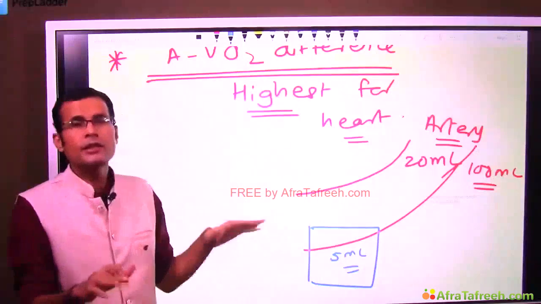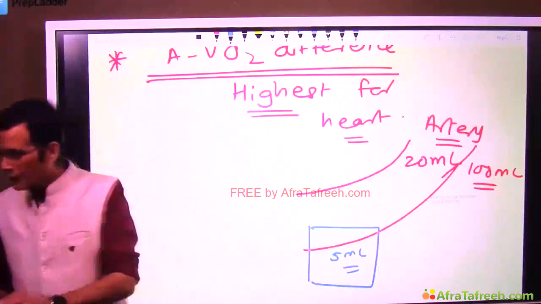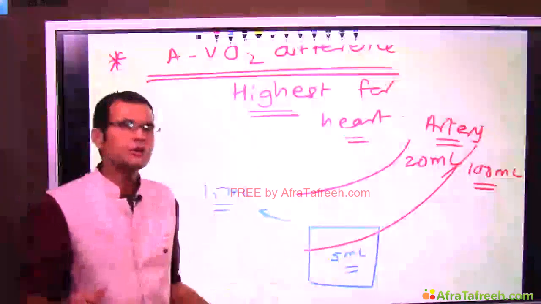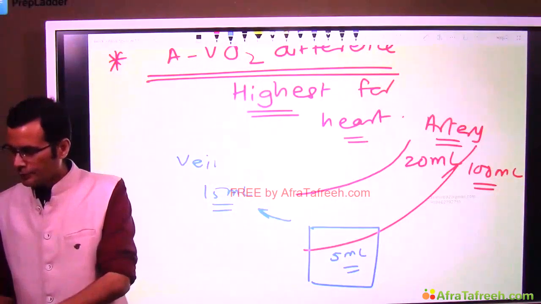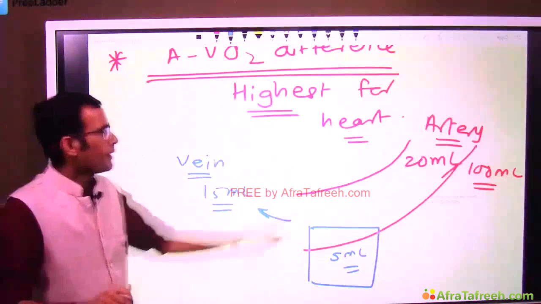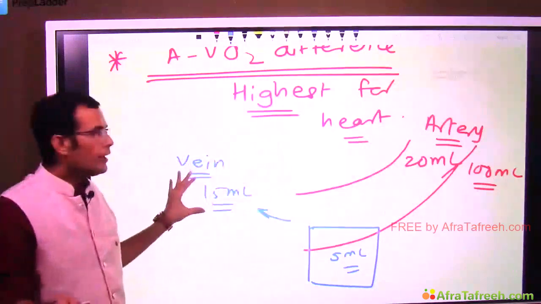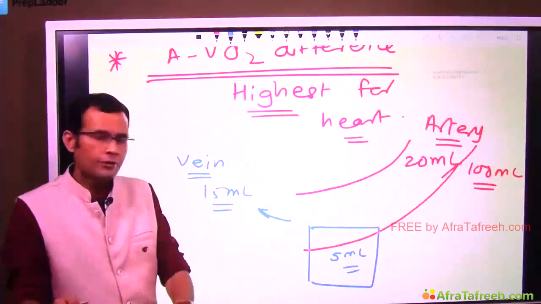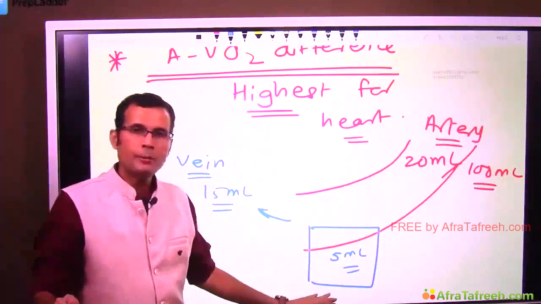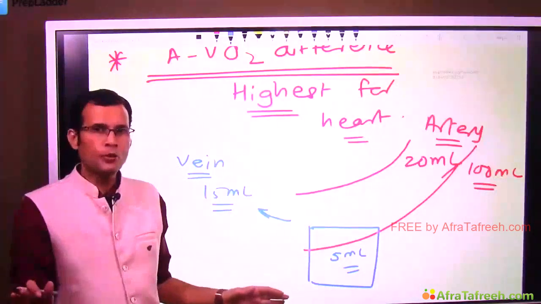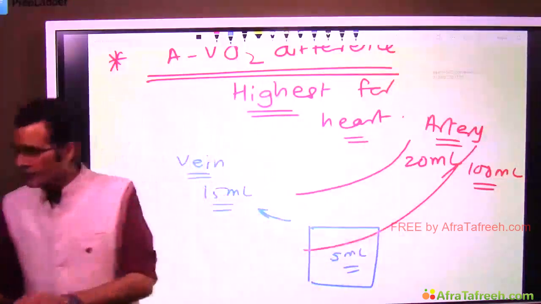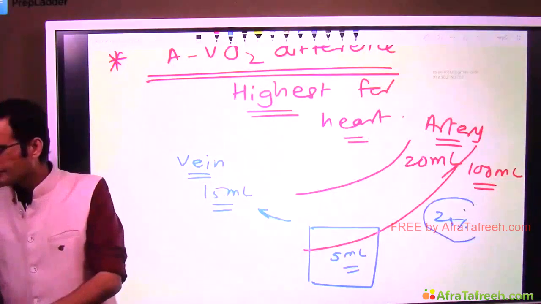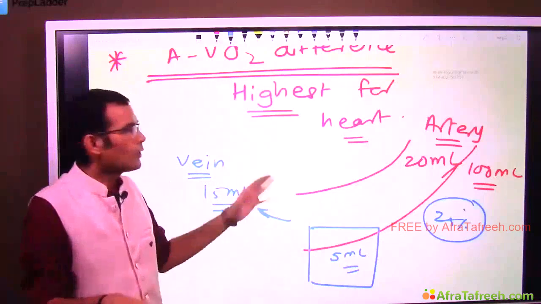And it means 15 ml oxygen will go back in the venous blood. So, arteriovenous oxygen difference is 5 ml for other tissues in the body. 5 out of 20 is 25%. So that's the case with other tissues.